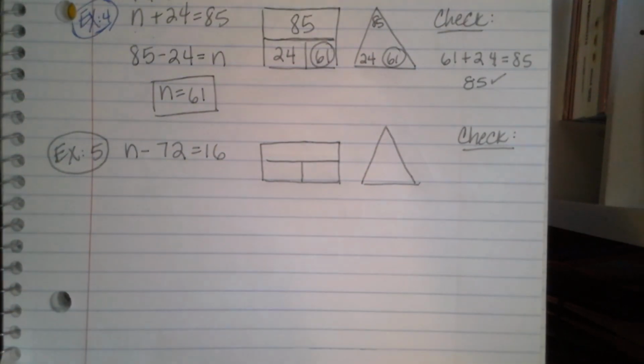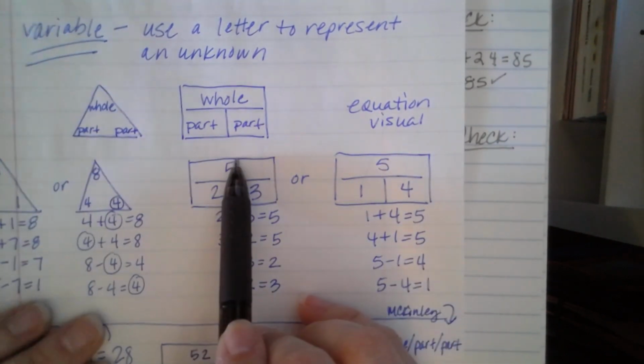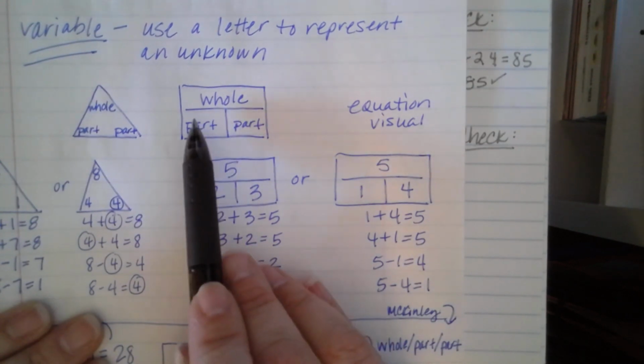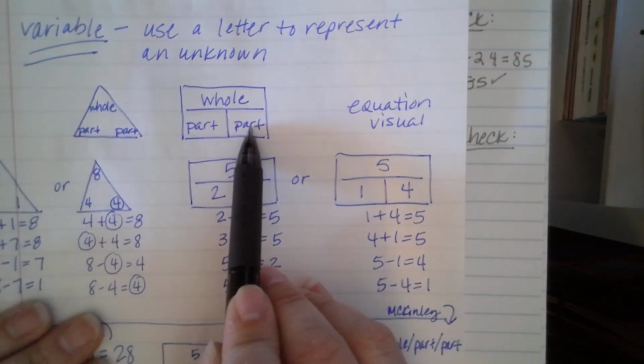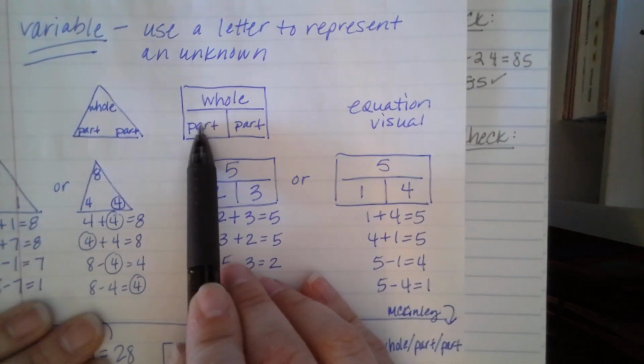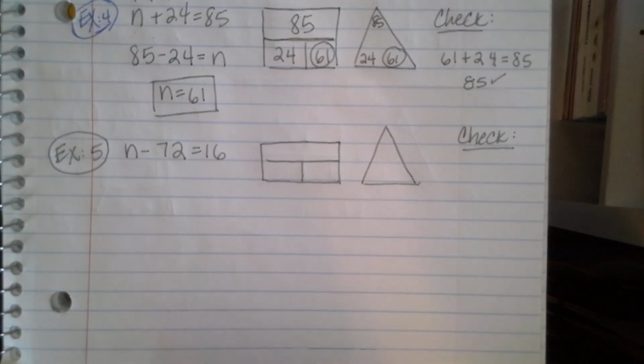Now here's part of the problem. When we go back to our original visual, what I know is that whole is made up of two parts. So I cannot subtract from a part. Okay? I can only subtract from the whole number.